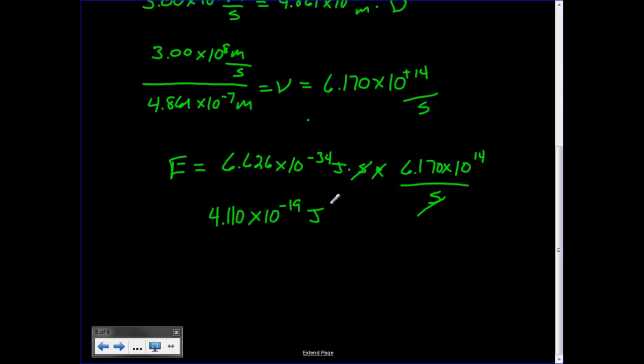So that particular wavelength of light is going to give us that much energy. It doesn't seem like a lot, but if we have a lot of photons of light, a lot of these, they can add up to a lot more energy.